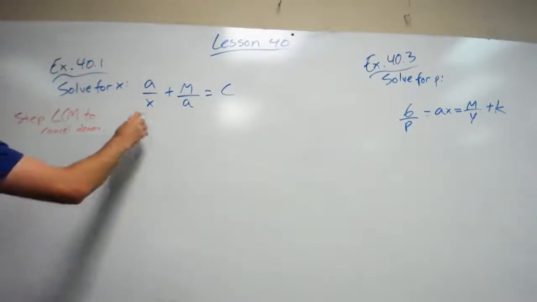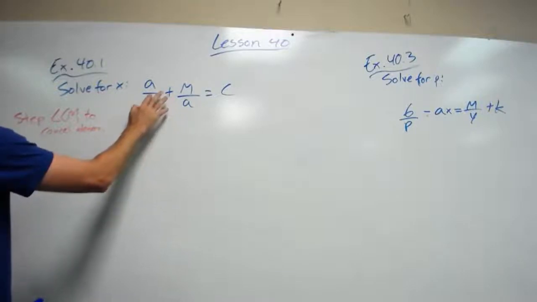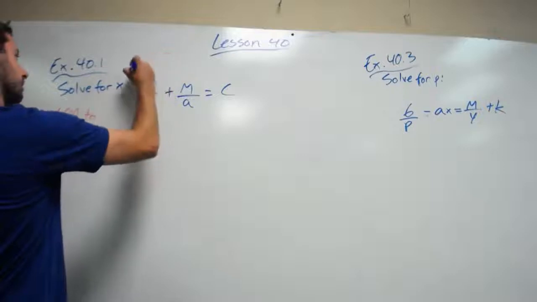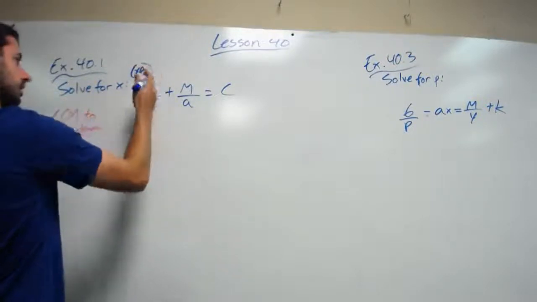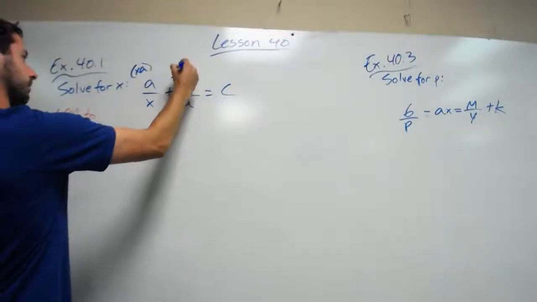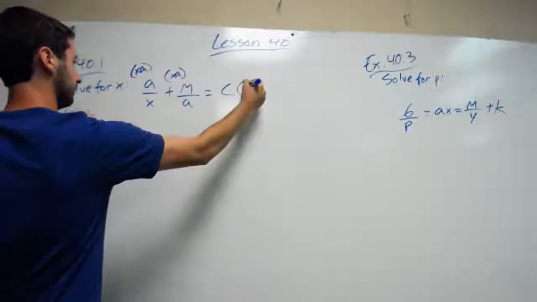So here, what is our least common multiple? Well, we have an x and an a, so it'd be those multiplied together, so xa. So what we're going to do is multiply each column, however you want to look at it, by x times a.